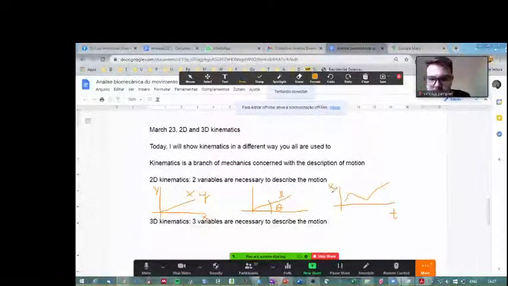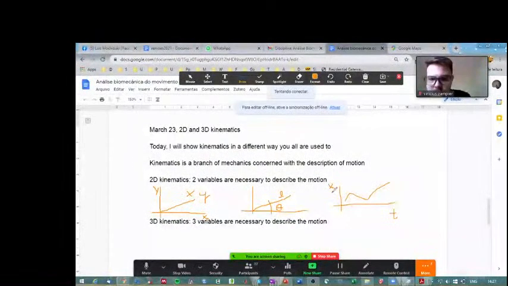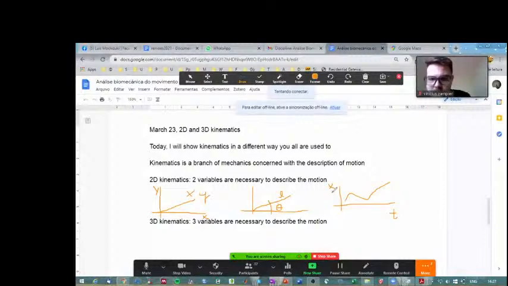So for example, when we are in 2D kinematics, we can have this equation: x is equal to the length multiplied by the cosine of the angle theta.